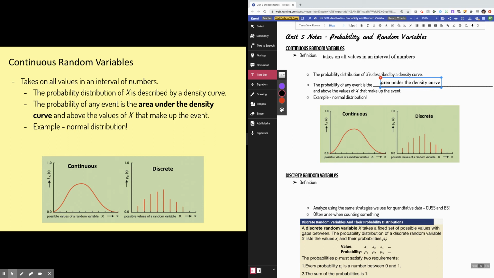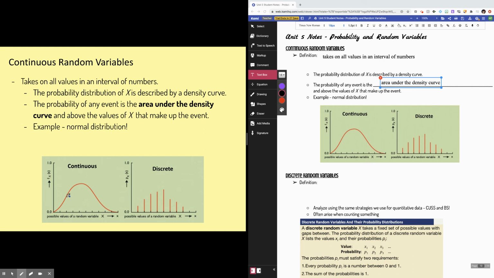A perfect example of this is the normal distribution. Like I said, you've actually been doing this for a while, you just didn't know it. When we did normal distribution problems, I told you that the probabilities, say above a certain value of x, below a certain value of x, or between two values, were the area.